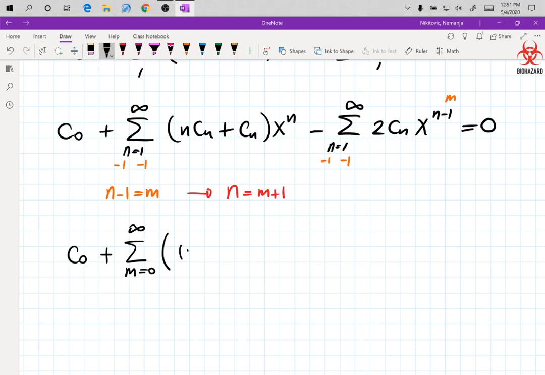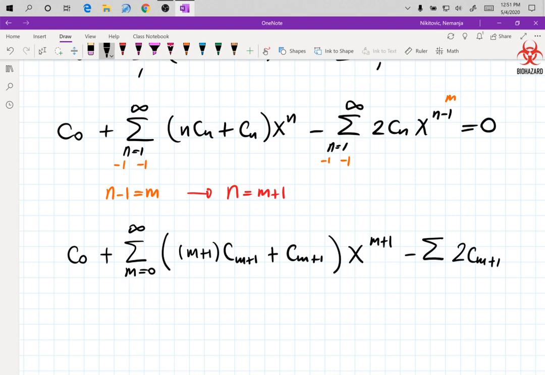So I have m plus 1, cm plus 1 plus cm plus 1 times x to the m plus 1 minus summation of 2cm plus 1 x to the m equals 0. And we have no more n's. Our counters are matching, and all I need to do is to peel one x off, and I will be able to combine the series.